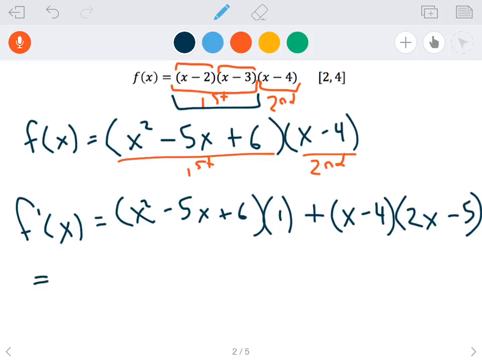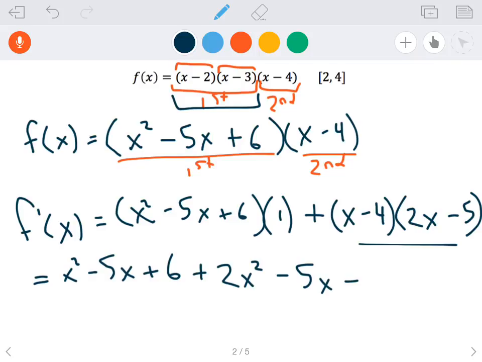So let's see. I'll keep this as it is. And then I'm going to FOIL this out. So x times 2x will give me 2x squared. Outer gives me minus 5x. Inner gives me minus 8x. And then last gives me 20.